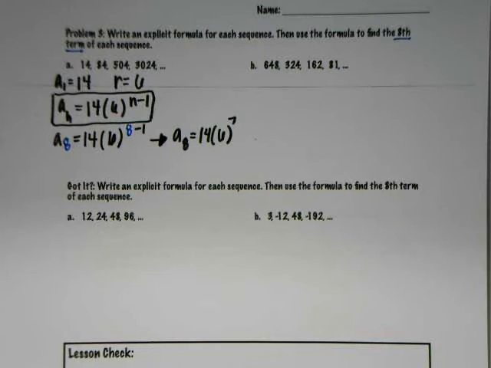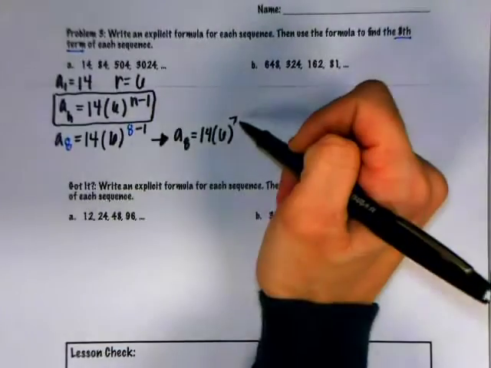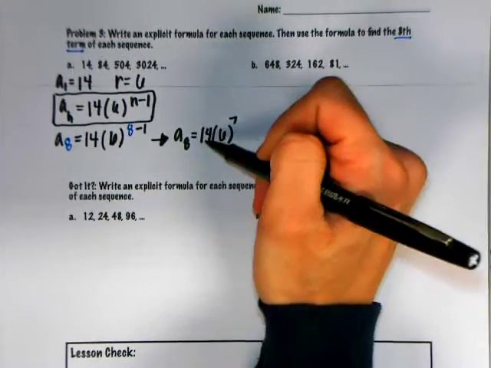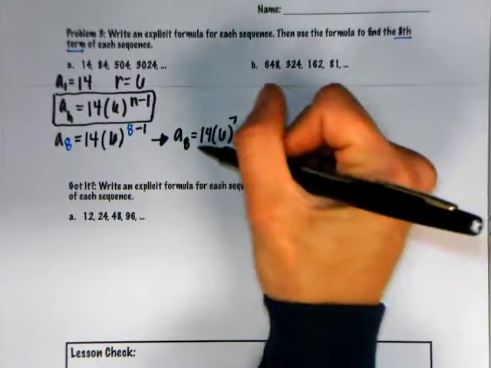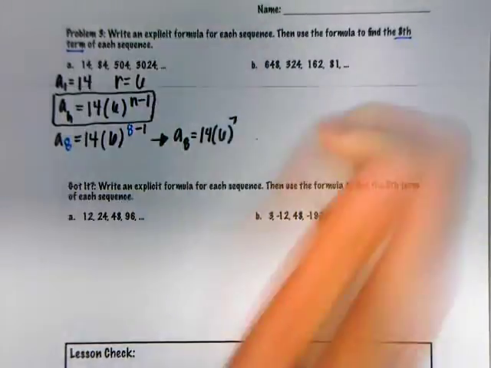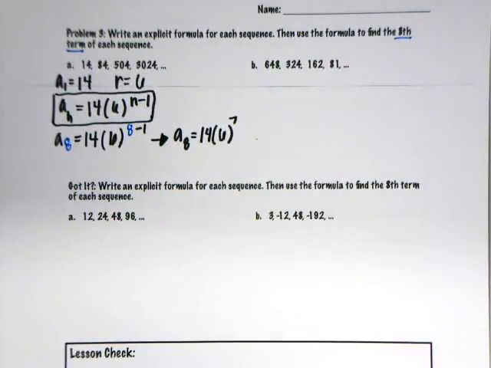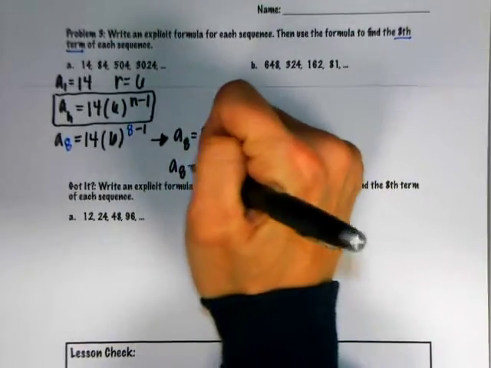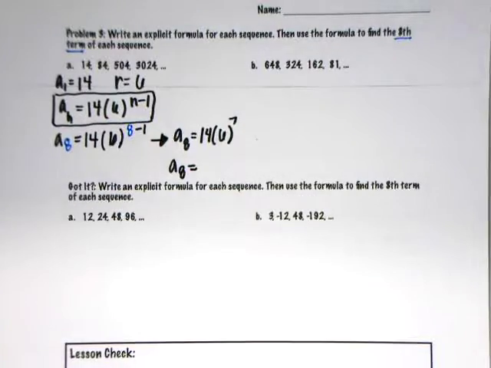And then getting your answer from here is what is tricky. So a lot of people try to do 14 times 6 and then do to the 8th power, just going left to right. That's not order of operations. You have to do the exponent first, the 6 to the 7th. So you either need to do 6 to the 7th and find out what that equals and then do times 14 after that, or you need to plug that whole thing in exactly as it's written all at once into the calculator, okay? So go ahead and plug that in. Practice putting it in there so you can make sure you're doing it right. I'm gonna grab mine.